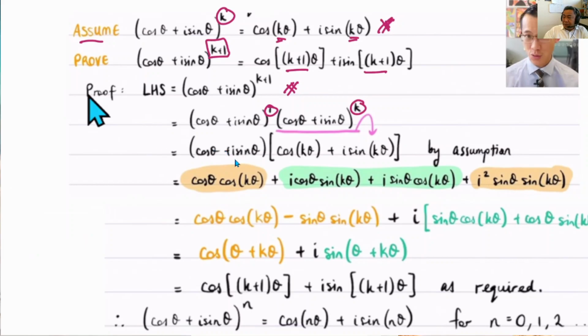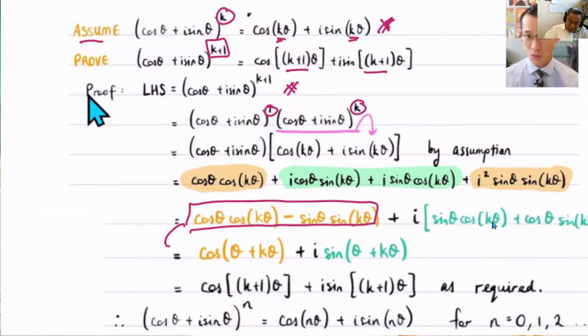The green term is all the imaginary terms, which is i sine theta cos k theta, as well as i sine k theta cos theta. So we collect the real terms, which is the orange, to one side and the green to the other side.